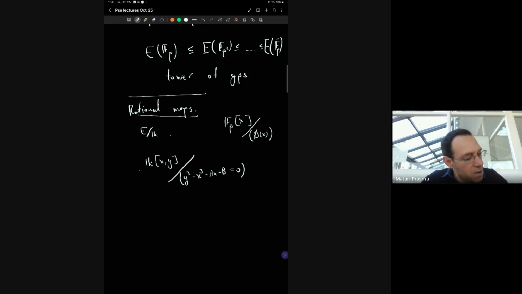So here I can define what I call polynomials over E. It's like polynomials in which I identify the specific polynomial that defines the elliptic curve.